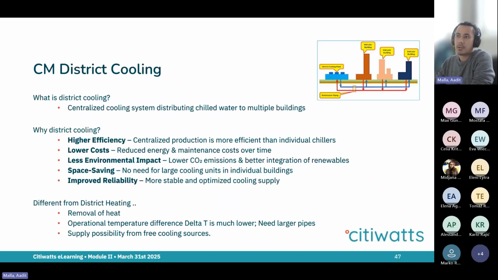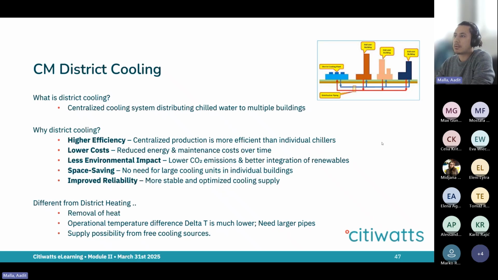And why district cooling comes out to be a major question when we are mostly talking about feasibility? With global rising temperatures, we need to look for sustainable options for providing cooling. District cooling provides one such opportunity, considering it has much higher efficiency due to centralized production rather than having individual chillers or split systems on a building.